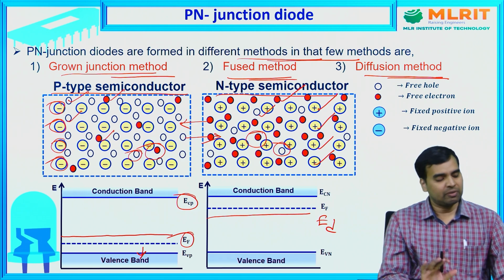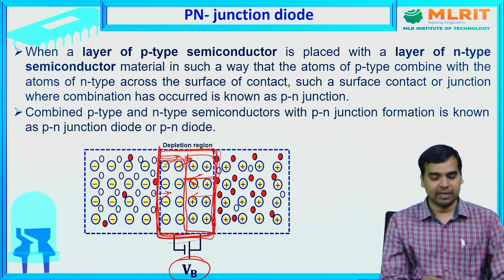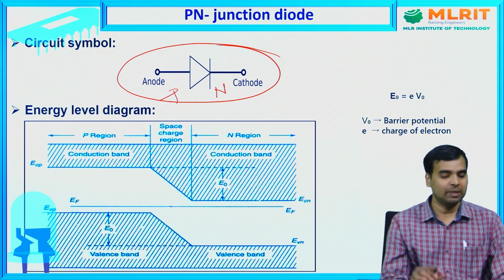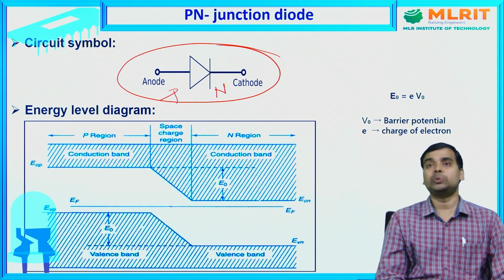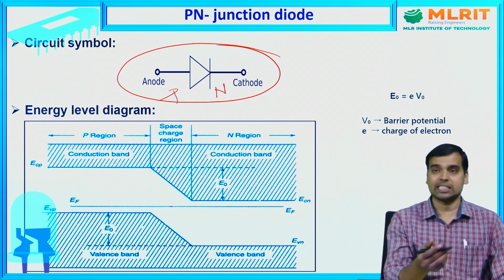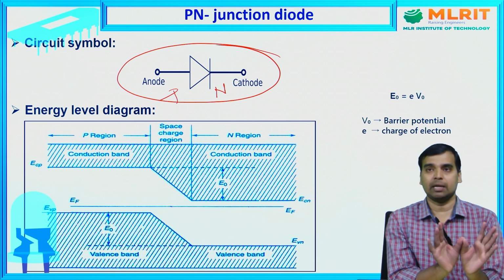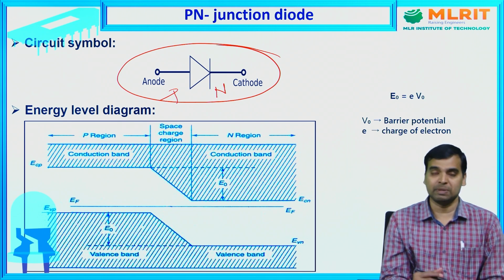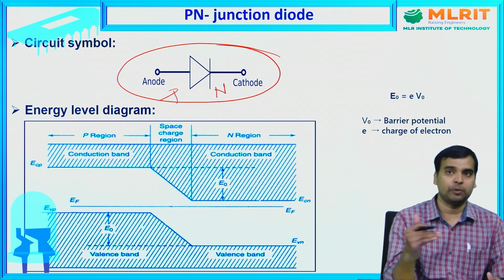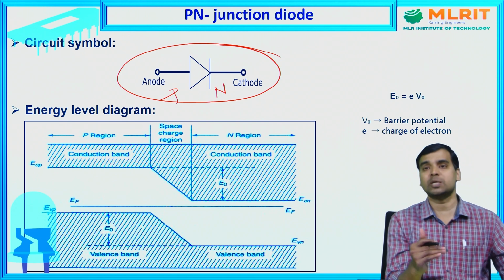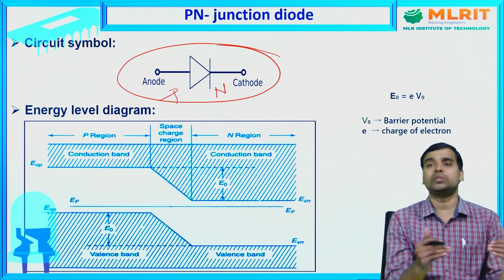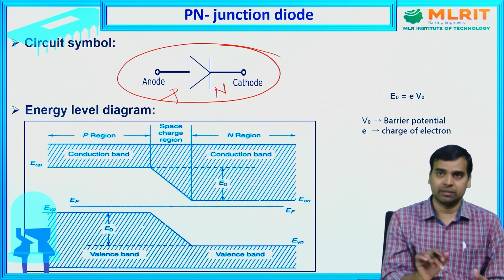Now, whenever we combine p-type and n-type semiconductor, the energy level diagram will be like this. Why? Due to the diffusion process, which I already explained. Whenever we combine p-type and n-type semiconductor, there exists diffusion process, meaning holes are moving from p-type to n-type and electrons are moving from n-type to p-type. So due to the diffusion process, at the junction there exists a certain region.